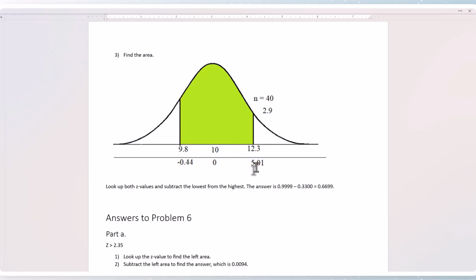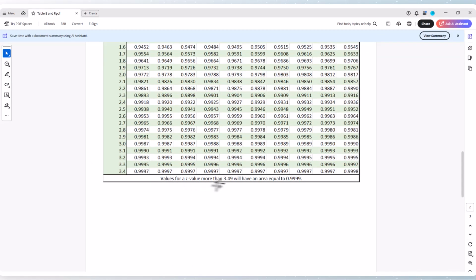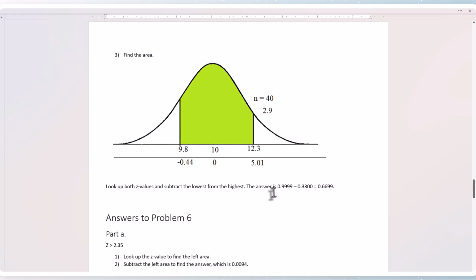We look up both areas in our table. So if we look up 5.01, remember when the z-value is greater than 3.49, it's 0.9999. That's the first area, 0.9999. Whenever we're trying to find the areas between two z-values, we always subtract the two areas.